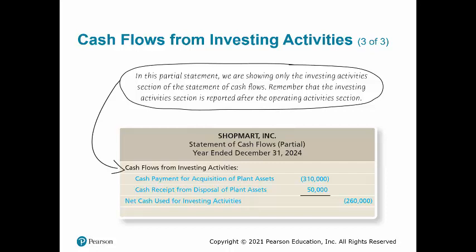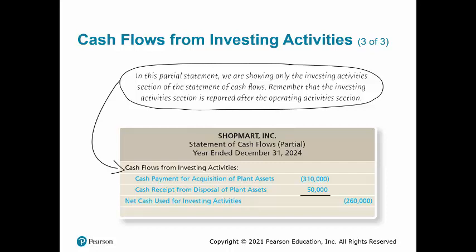So first we show the cash payment for the acquisition of plant assets. If you remember, that amount was $310,000 that we saw in the T account. Then we show the cash receipts from the disposal of the plant assets that we determined by analyzing the transaction. That is $50,000, and that was a receipt of cash.